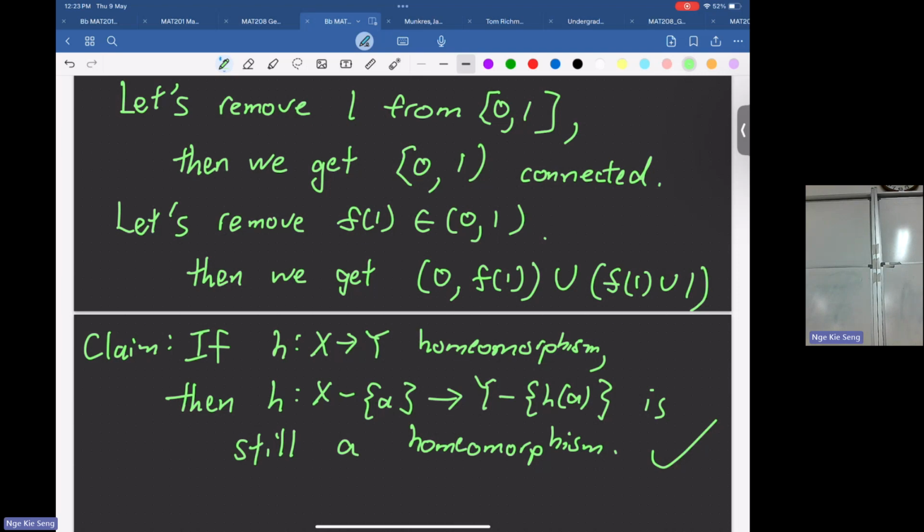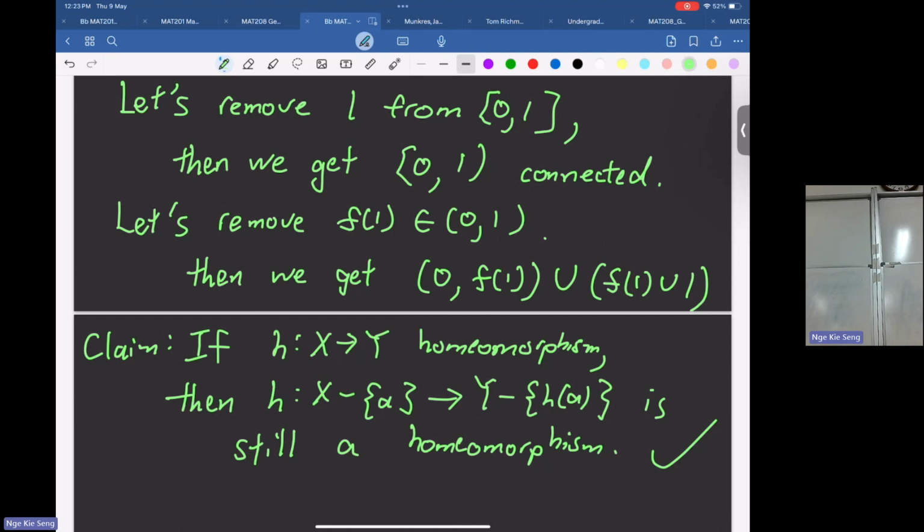Yeah, you can just use it, but I mean to prove this claim. Use it is immediate, but you need to prove this claim. To prove this claim, what you need to do? You need to show that this H here is a bijection on the new domain and codomain. This is quite immediate. How about continuous?